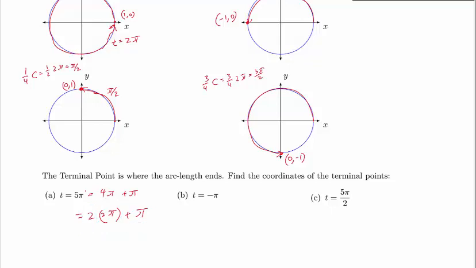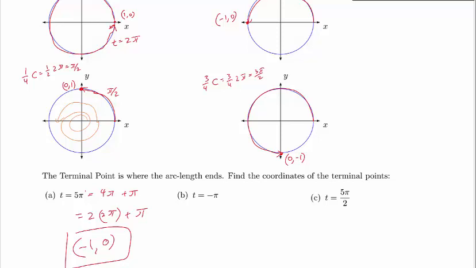Twice, and then we go an extra halfway around. That's what that means. So on the circle, basically we are going all the way around again, and then we go 1/2 a rotation. Where does that leave us? That leaves us right there. So what is the terminal point? The terminal point is -1 and 0. And there we go. That's the terminal point.